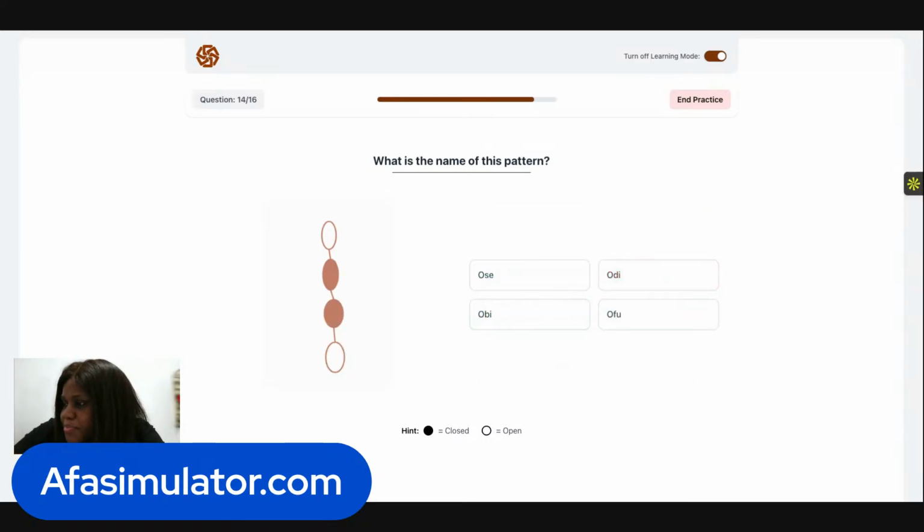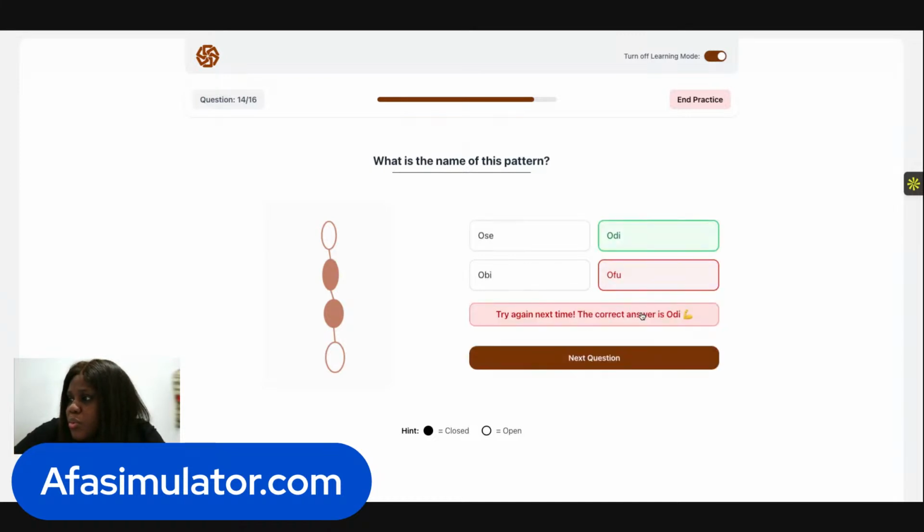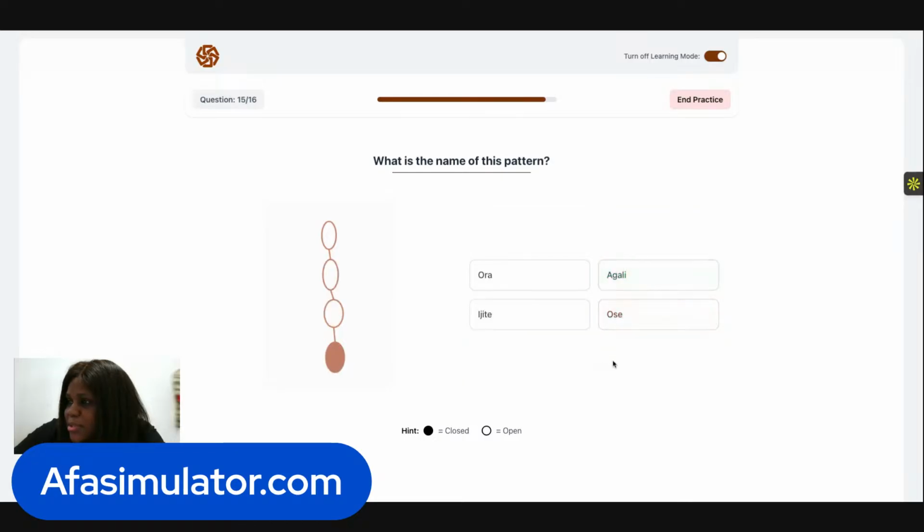Okay, this is not Ofu because we just said Ose. We just saw Ose. This is Ofu. Oh, this is Odi. Damn, this is not easy. Okay, this is Ijite.